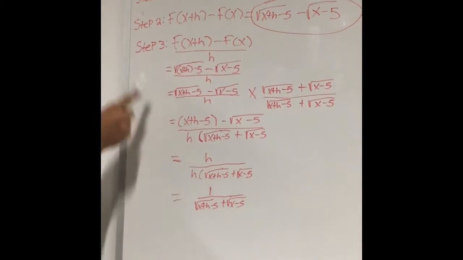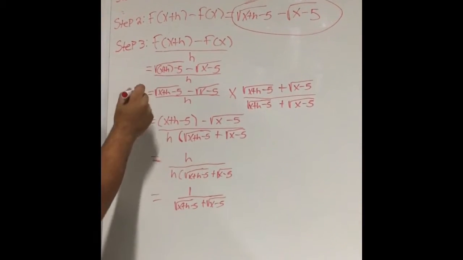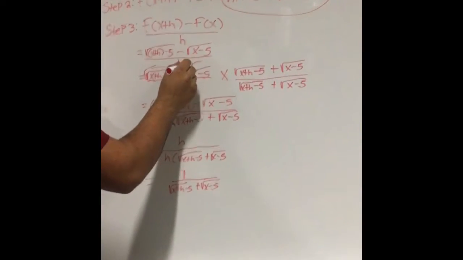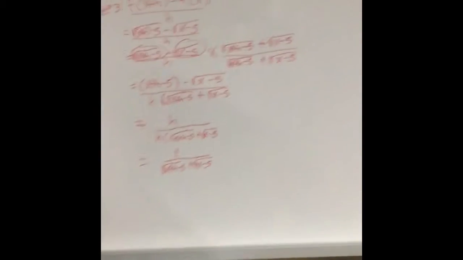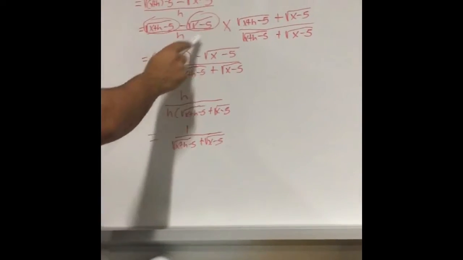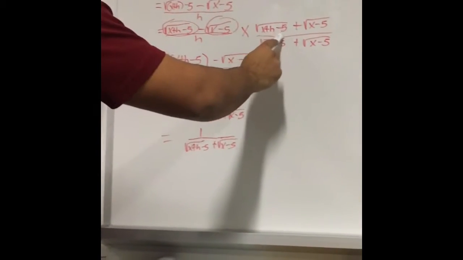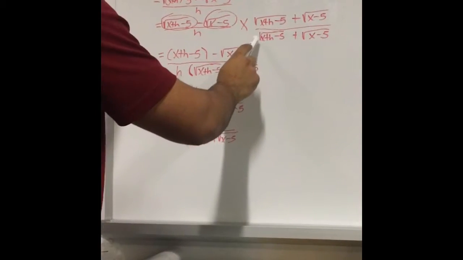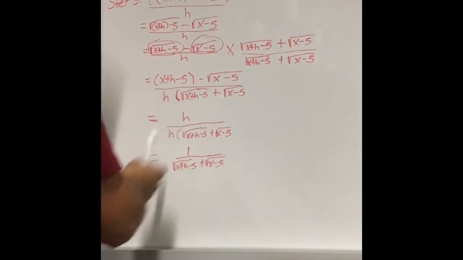And then for part 2 of step 3, what we want to do is get rid of each root symbol, the root symbol on the top variables. What we do in this case is multiply by root x plus h minus 5 plus root x minus 5, and we multiply both the top and the bottom by it, over root x plus h minus 5 plus root x minus 5.